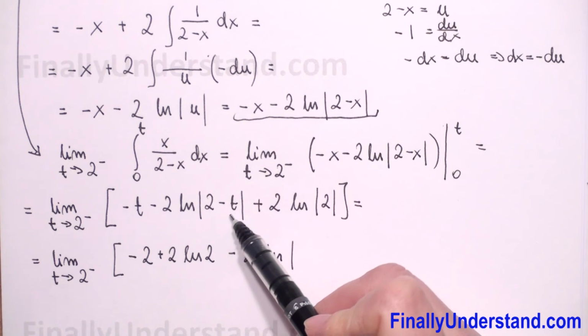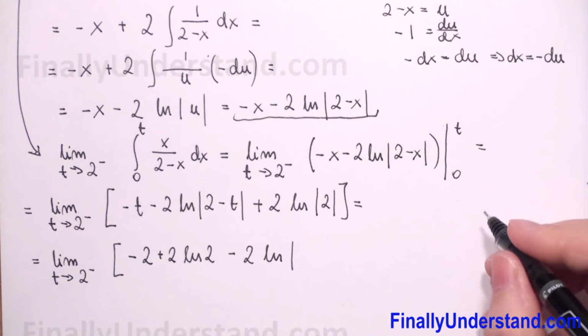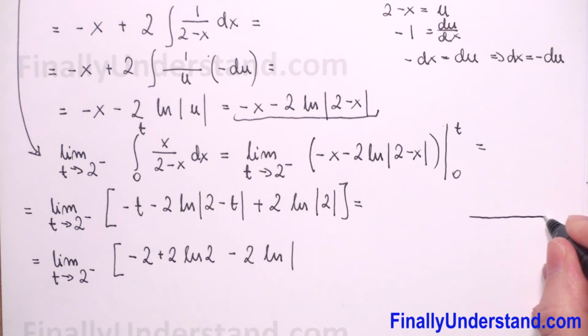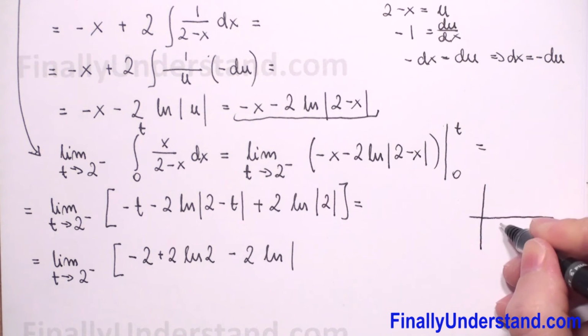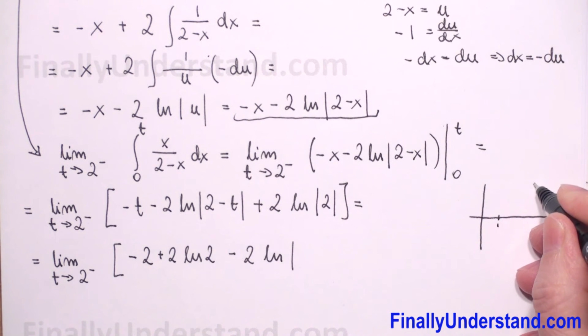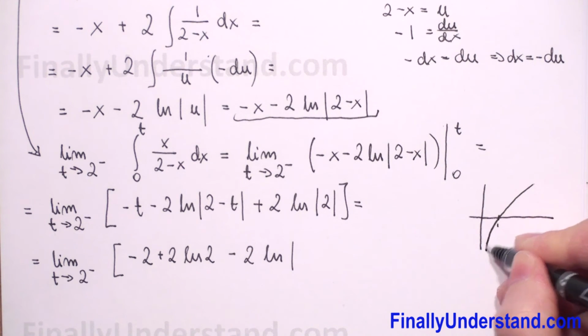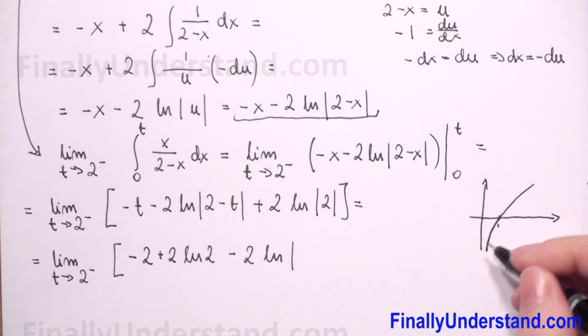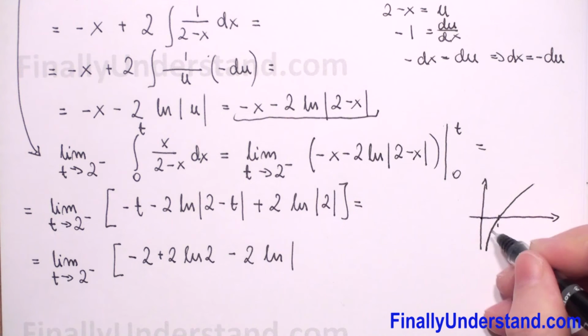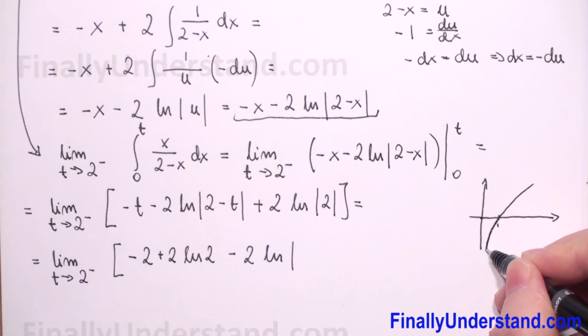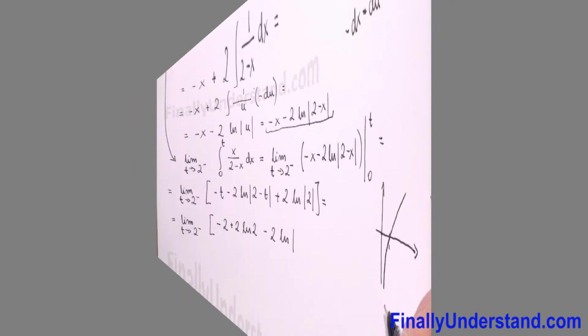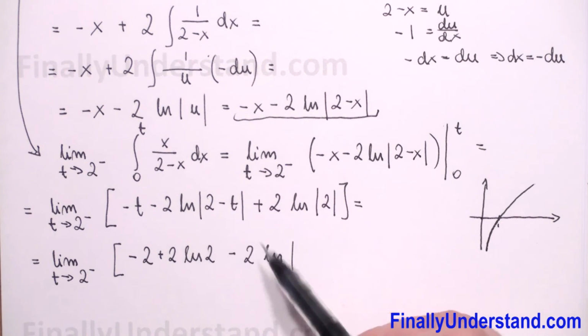So it's almost 0. We know the graph of natural logarithm, part of it, is something like this. When we are close to 0, our graph goes to negative infinity. We have 2 minus almost 2, so it will be almost 0.